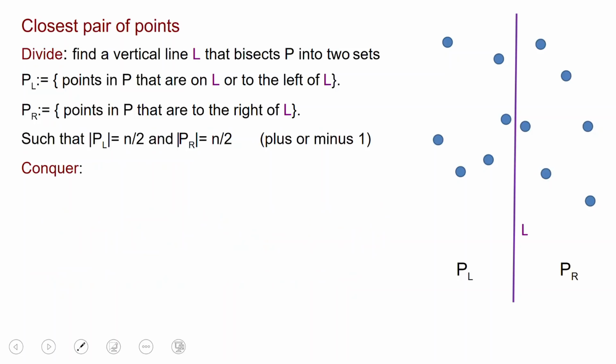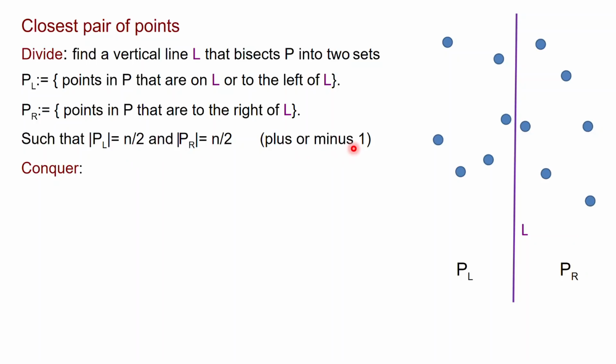We are going to pick a vertical line L, which cuts the points in two sets. PL, the points which are to the left of L, and PR, the points which are to the right of L. And PL and PR should have roughly the same size. So they should be n over 2 plus or minus 1 if n is odd.